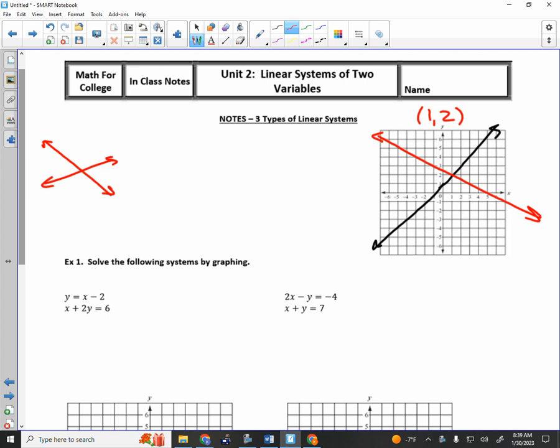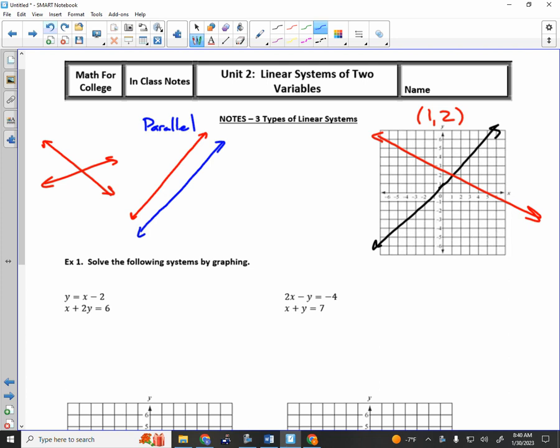And your second type of system would look like this, where they don't cross. Why would they not cross? What kind of lines don't cross each other? Parallel lines. If they're parallel, they don't cross.